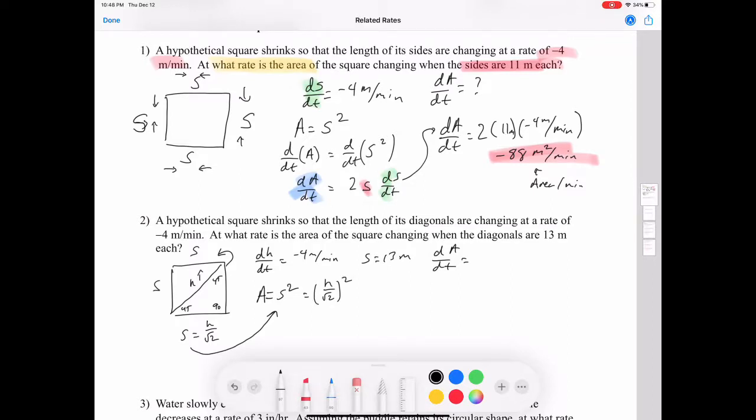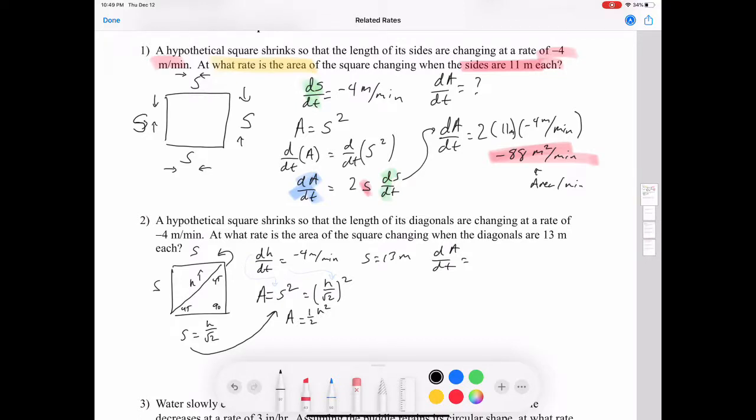If you remember, dh, not ds, is what we're given. So we have to change that to our h here. So when we take the derivative of h, we end up with dh dt. And we can multiply that out to make it a little easier. So A is equal to h squared over 2. Or I'm going to rewrite this as 1/2 h squared. Make it a little prettier.